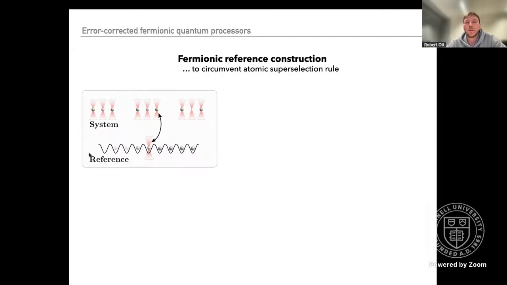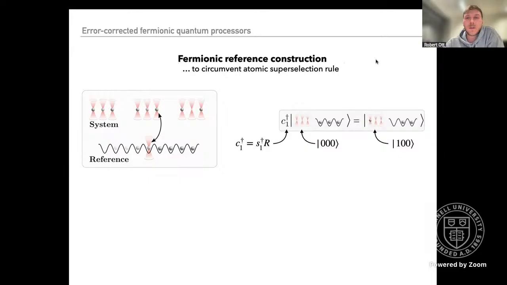And you have a reference system. And as it turns out, this reference system needs to be very stable, and it needs to have storage capabilities. So we think of an optical lattice here, which sits in the background and which has all of these atoms stored. And then what you can do is you can create effective particles out of this.